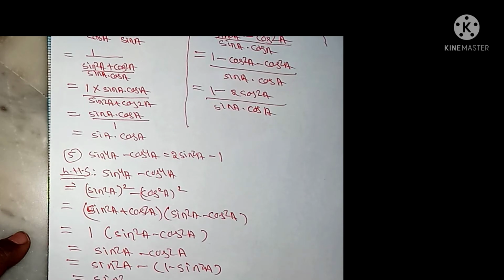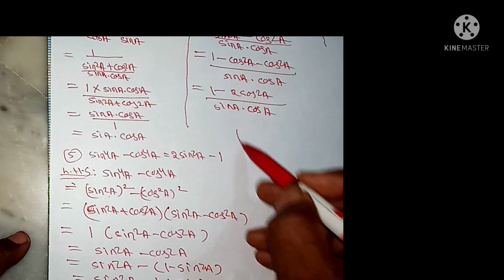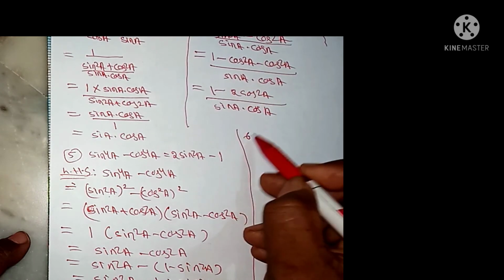Then sin square A minus 1 plus sin square A equals 2 sin square A minus 1, which is equal to the RHS.